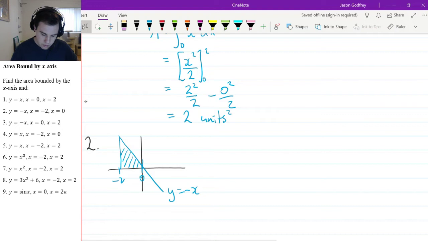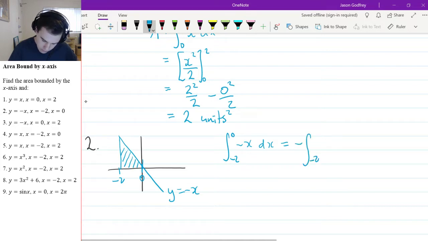But again, we can do this with calculus, so we'll find the integral from negative 2 to 0 of negative x dx. Now the negative we can take out the front and integrate x dx. So we've got negative, and the integral of x is the same as before, x squared on 2, add 1 to the power and divide by the new power, and we're going from negative 2 to 0.